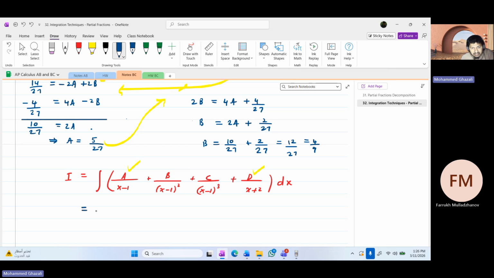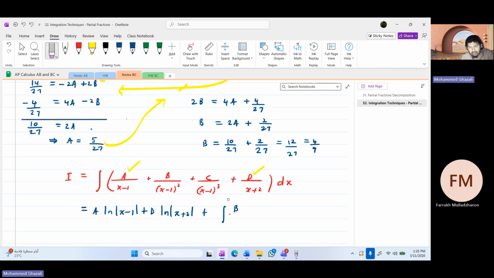So I'm going to integrate this and this. I'm going to say a ln absolute value x minus 1 plus d ln absolute value x plus 2 plus integral of b over x minus 1.